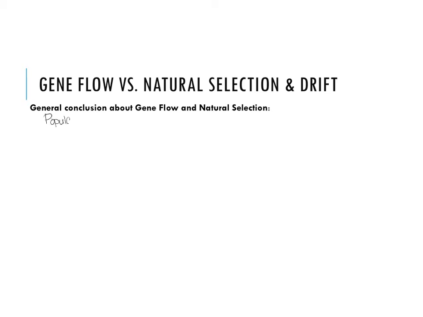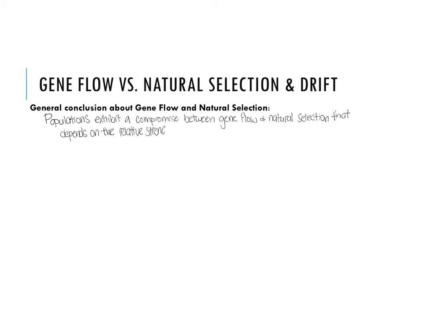Populations exhibit a compromise between gene flow and natural selection that depends on the relative strength of each of them.